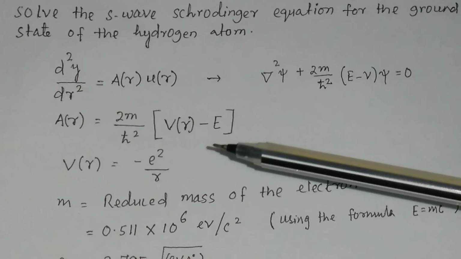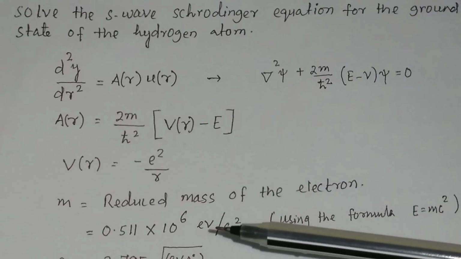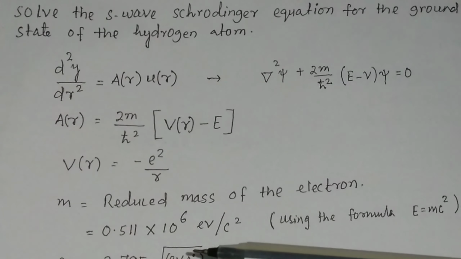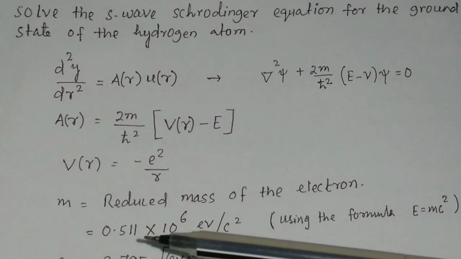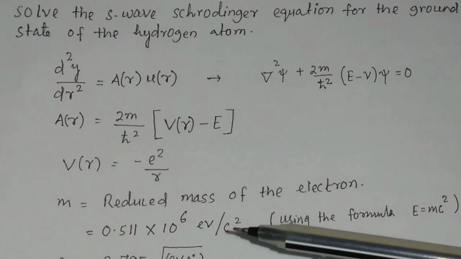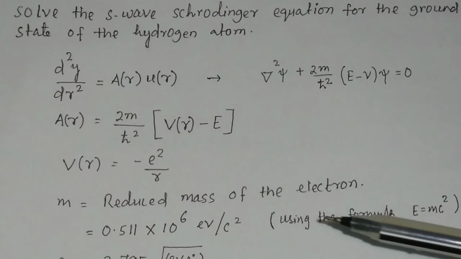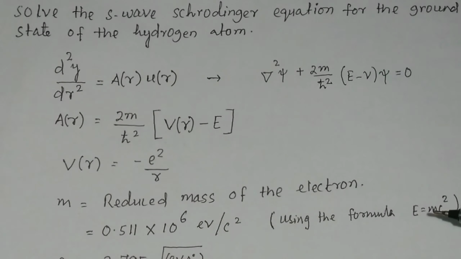And it is given that m is the reduced mass of the electron, equal to 0.511 into 10 to the power 6 electron volt per c square, and this unit you can find by using the formula E equal to mc square.